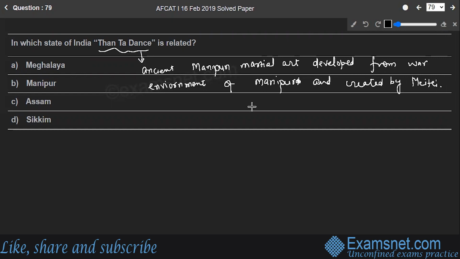This is also known as Huyen Lallong, which means the art of sword and the spear. The art developed from the war environment of Manipur. So, no doubts, we have option B as the answer to this question. Hope you are clear with this. Let's move to the next question.